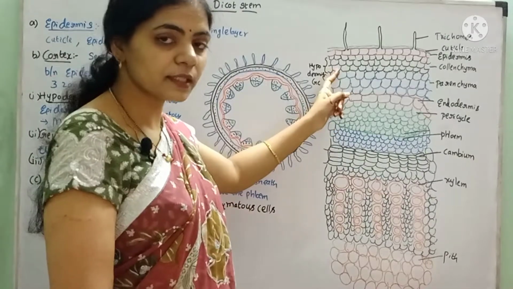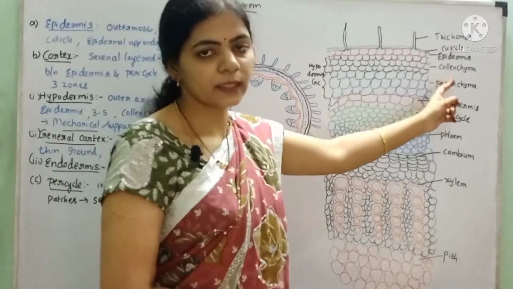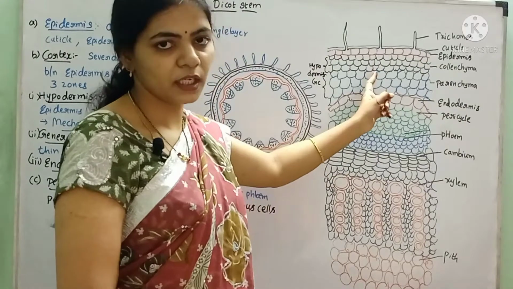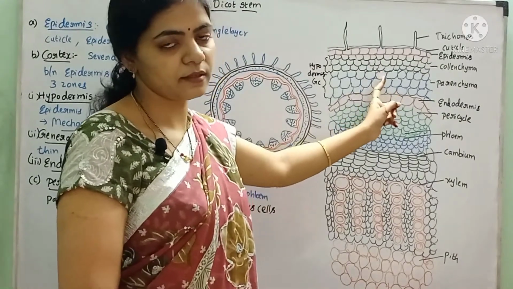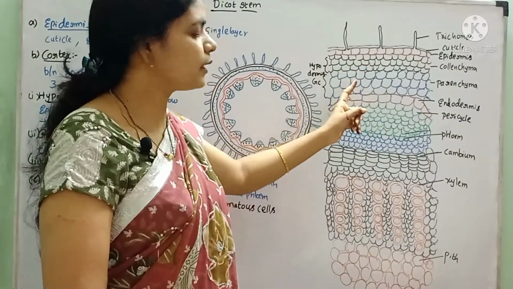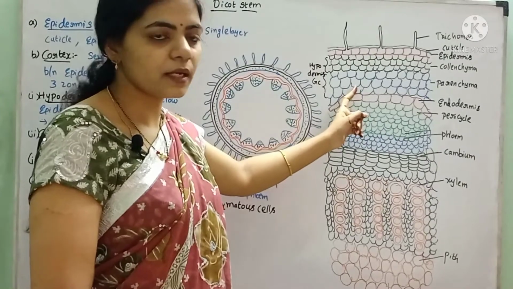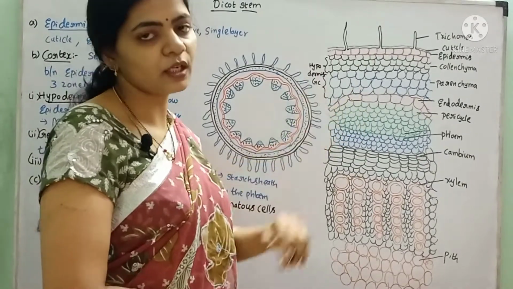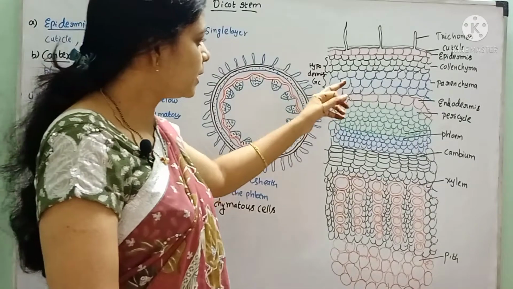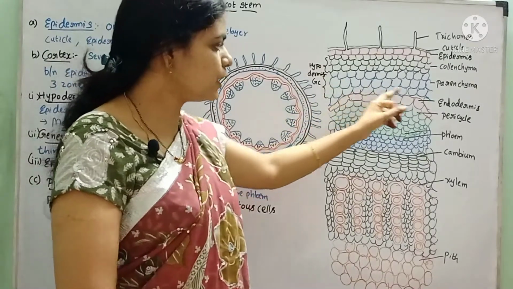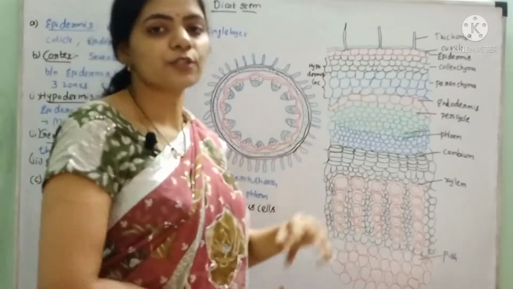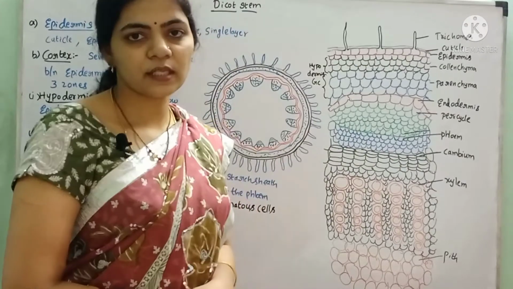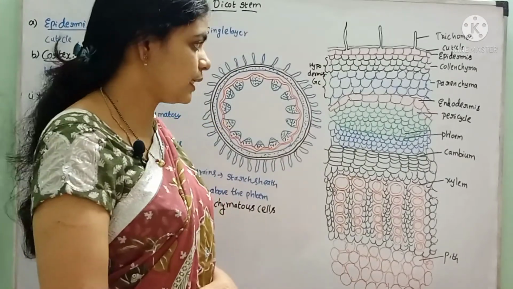The hypodermis in the dicot stem is made up of collenchyma, which does not have any intercellular spaces and provides mechanical support. Below the collenchyma, a parenchymatous general cortex is present. And below this general cortex, there is endodermis. This endodermis stores starch grains, hence it is also called a starch sheath.